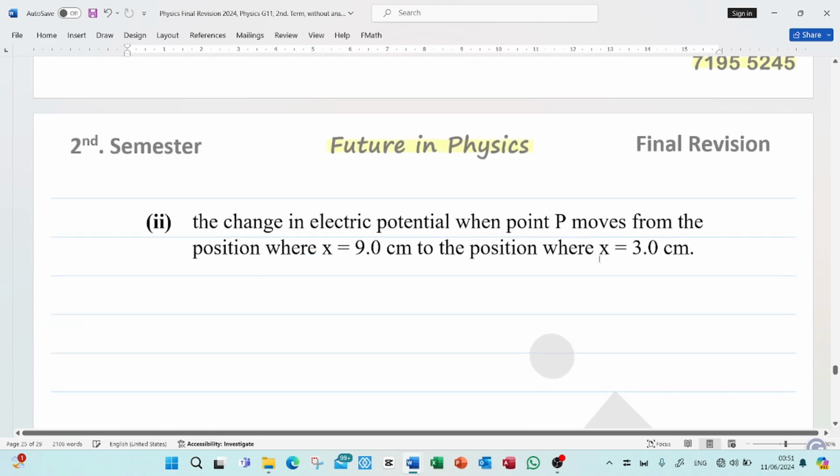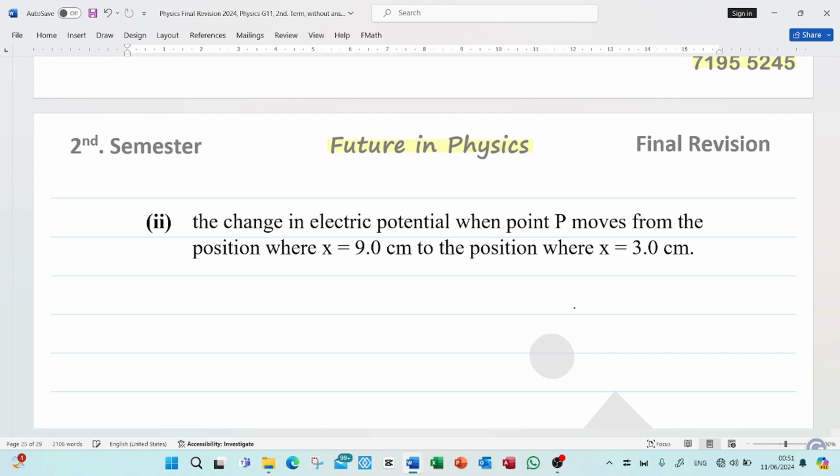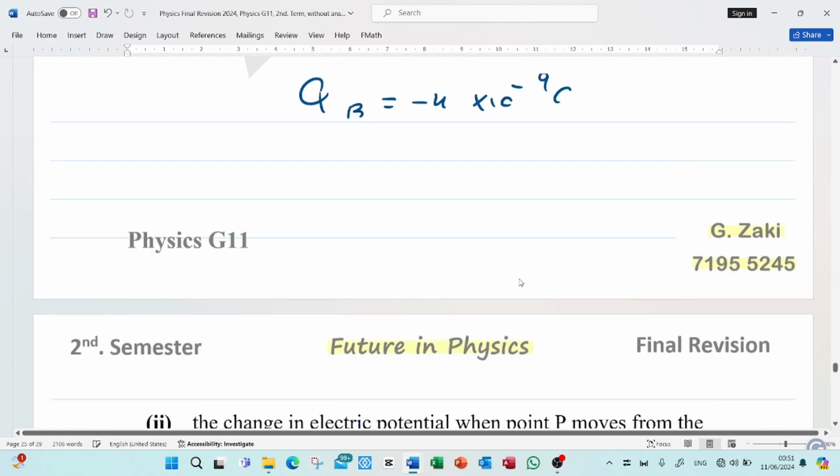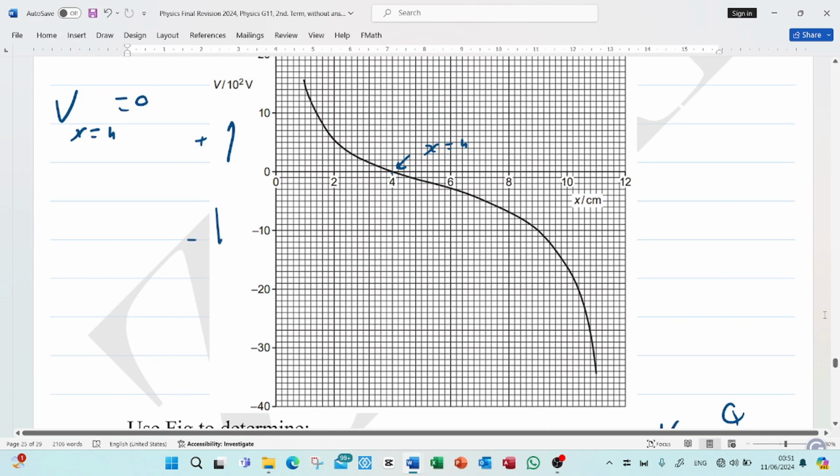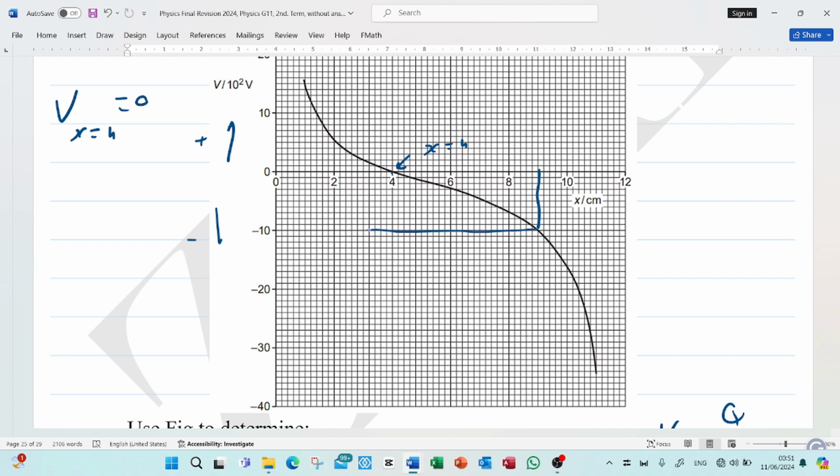Next question. The change in electric potential when B moves from position x equals 9 to the position x equals 3. Now we go to the graph. When x equals 9, in the middle here, we find the potential is negative 10.